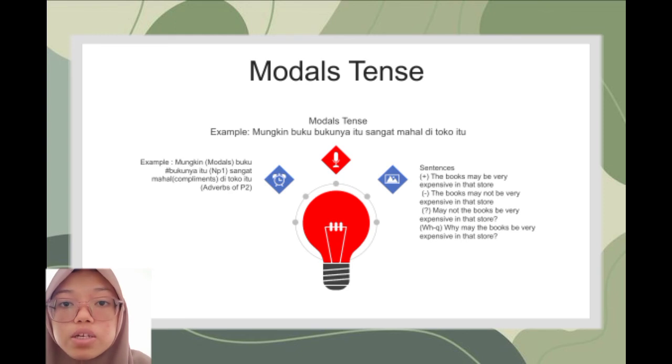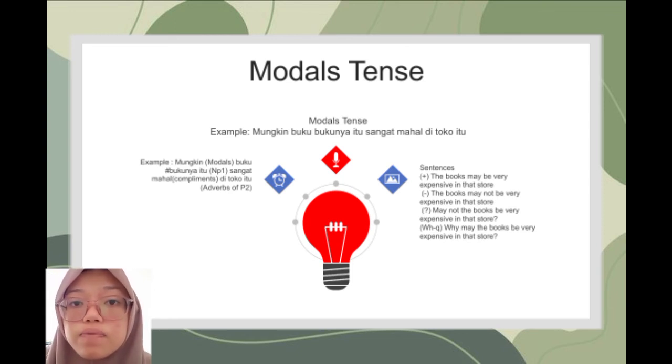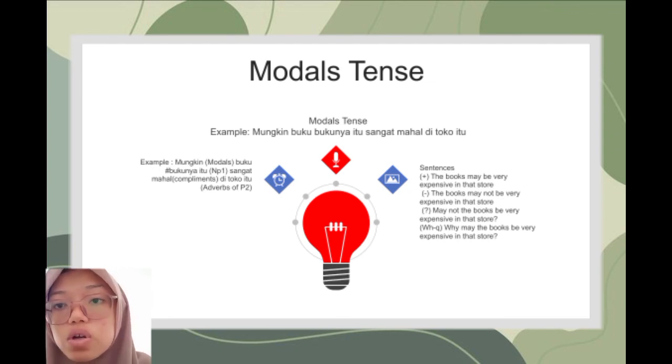Negative: the books might not be very expensive in that store. Interrogative: might the books be very expensive in that store? WH question: why may the books be very expensive in the store?